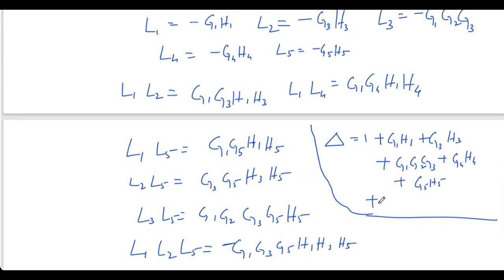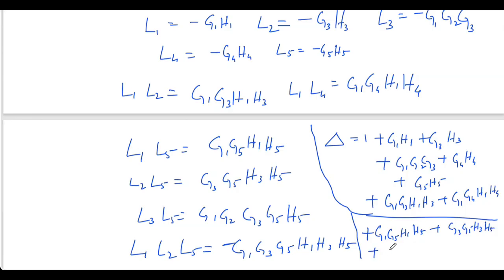Then plus the sum of products of two non-touching loops: G1 G3 H1 H3 plus G1 G4 H1 H4 plus G1 G5 H1 H5 plus G3 G5 H3 H5 plus G1 G2 G3 G5 H5.